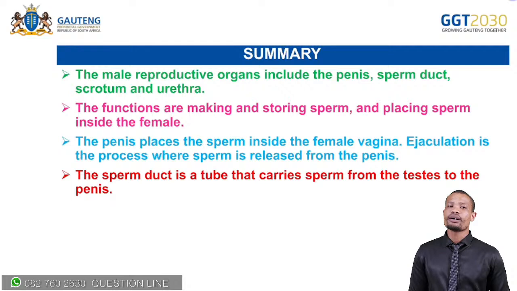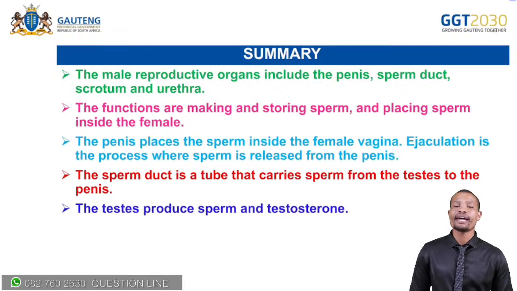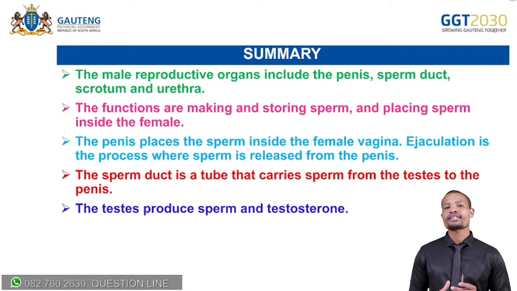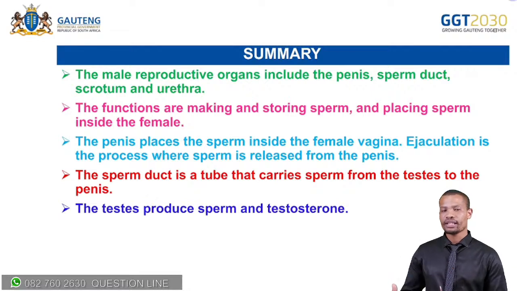Okay, right. The testes produce sperm and testosterone. Sperm is the male sex cell, and testosterone is the male reproductive hormone. We can put it like that. Okay, it is responsible for maintaining maturation in the male body.